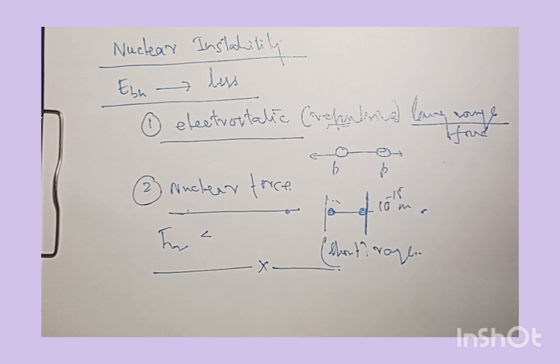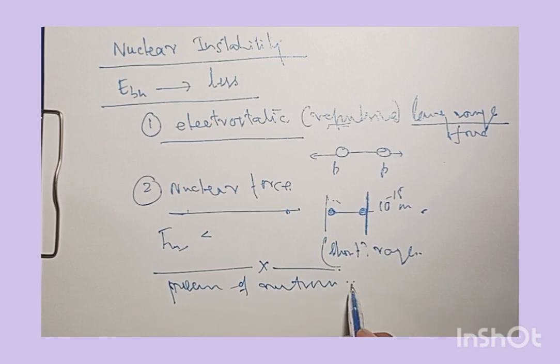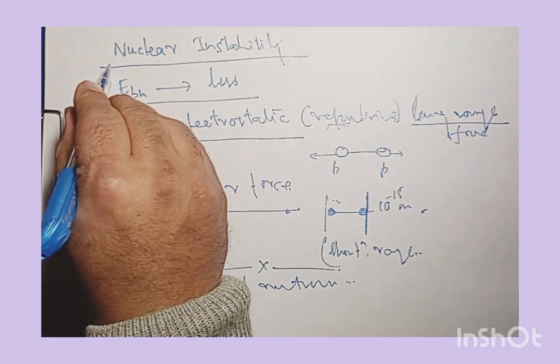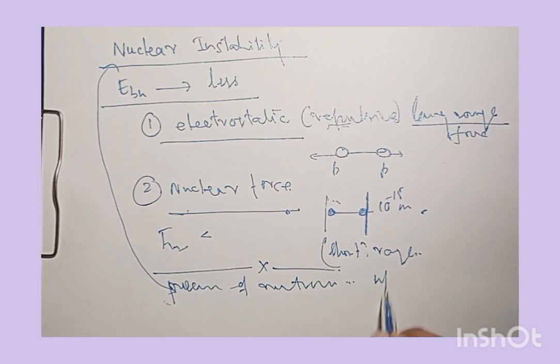Now, another way of explaining this fact is the presence of neutrons inside the nucleus. The neutron plays an important role in nuclear instability. The nuclear force between a proton and a neutron is greater than that of the electrostatic force.